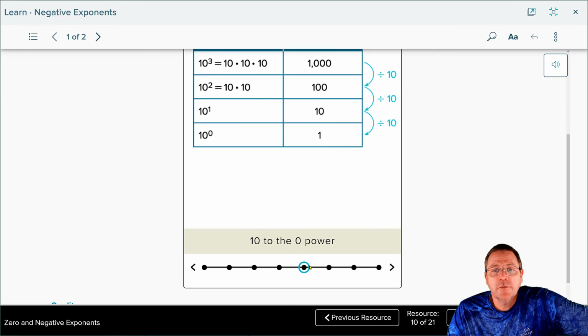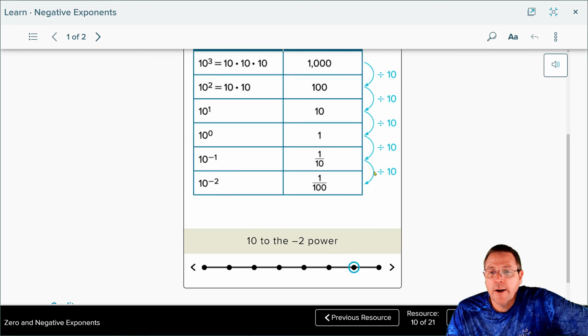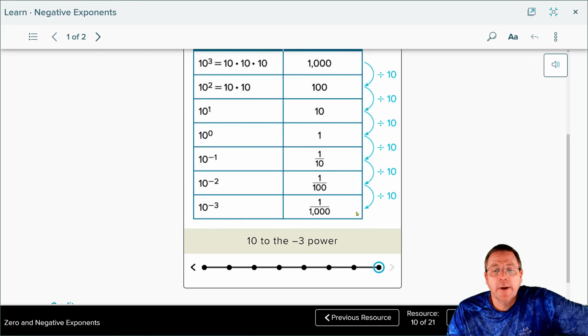And now we get to start going the other direction. 10 to the negative first is going to end up being 1 over 10, because notice on the right it says each time we're dividing by 10. So now 10 to the negative 2 is going to be divided by another 10, so now you have 1 over 100. 10 to the negative 3, we're dividing by 10 again. That's going to be 1 over 1,000.